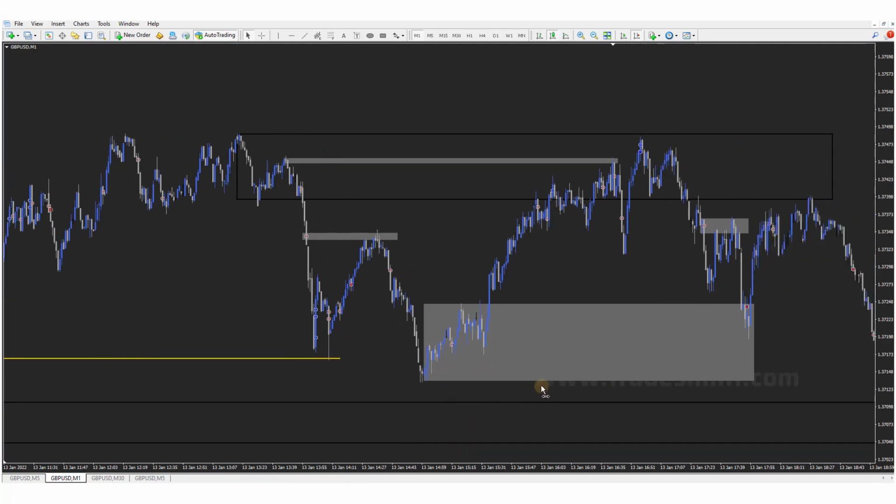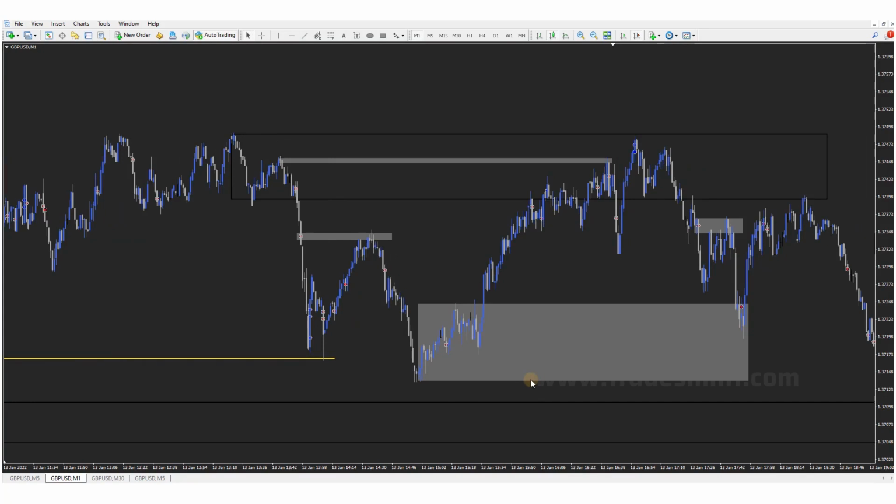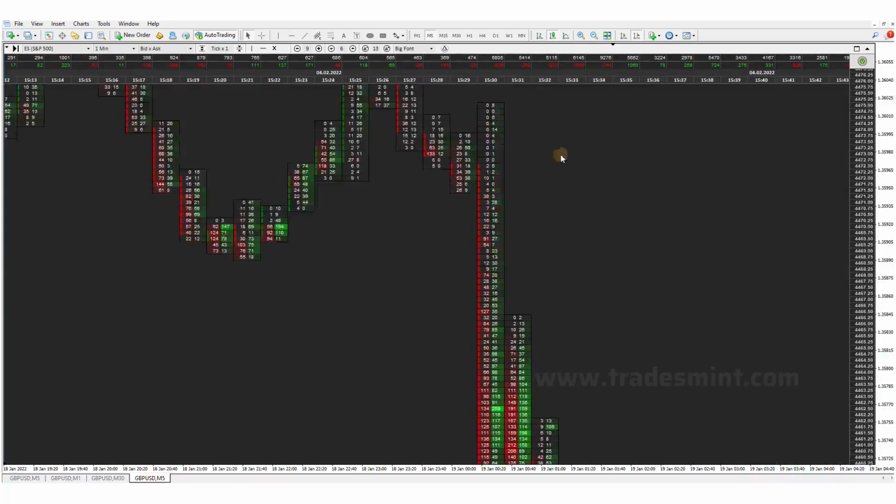And this is about marking these imbalances horizontally. Just to compare, this is the footprint chart, also an M1, from the S&P. This is the main asset the creator of footprint loved to trade.